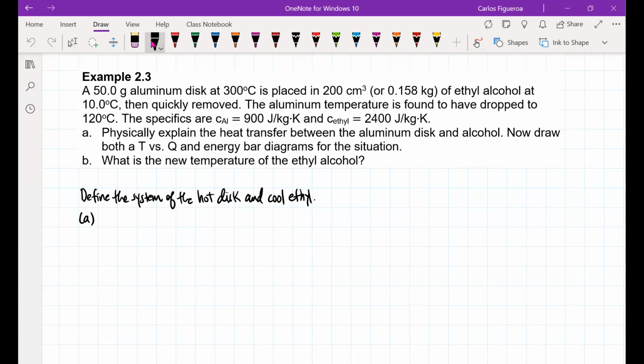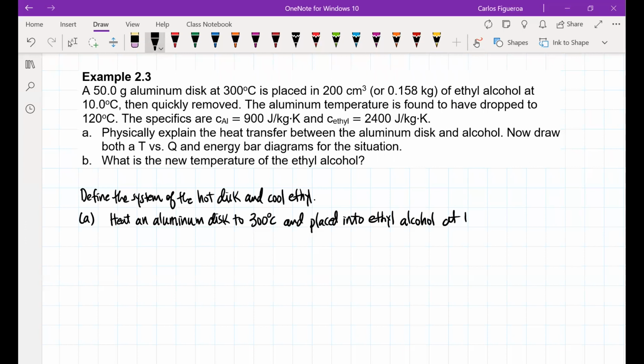We heat an aluminum disk to 300 degrees C and place it into ethyl alcohol at 10 degrees C.